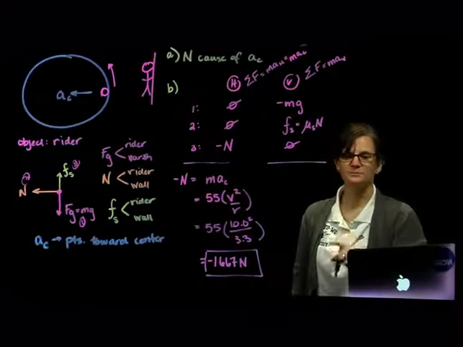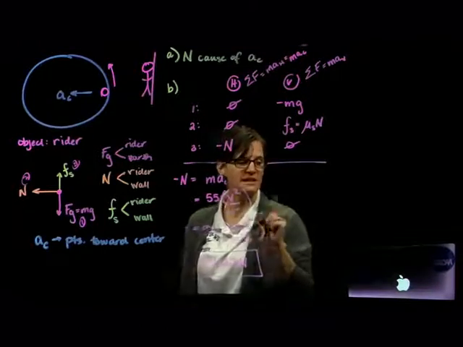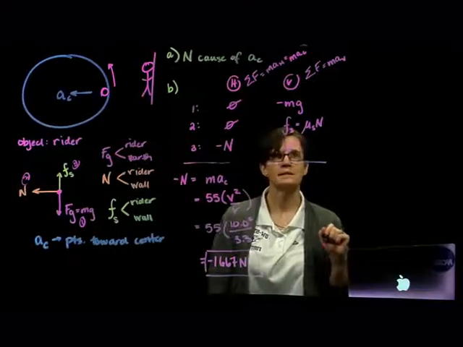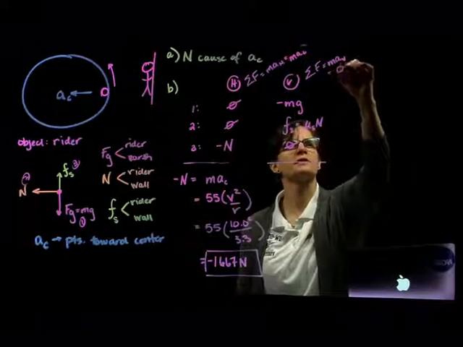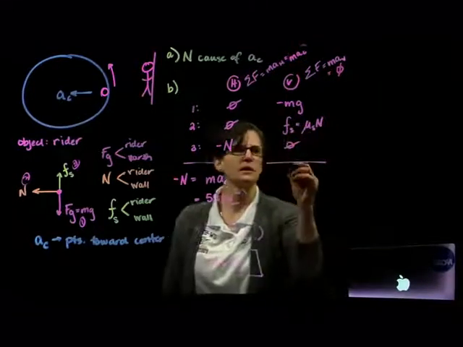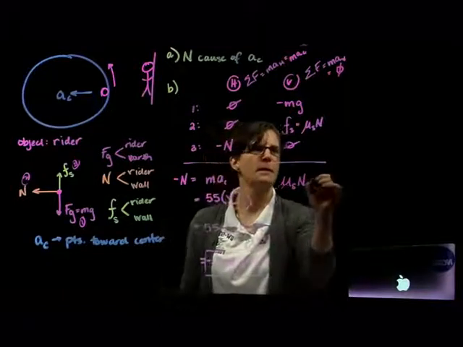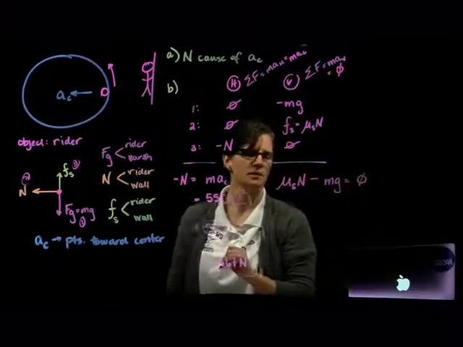All right. The next question says, what's the minimum coefficient of static friction that must exist between a rider's back and the wall if the rider is to remain in place? Well, if the rider is to remain in place, then the sum of the vertical forces is equal to 0. So we have the frictional force minus the force of gravity has to equal 0.